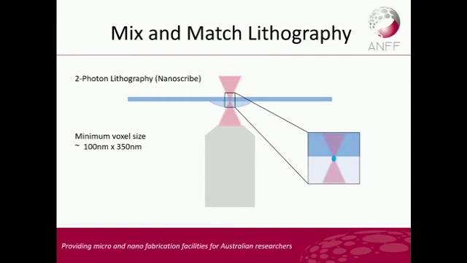So in effect, you have a small voxel that's UV, and then you can move that voxel around in 3D space, and you can write 3D structures into a pattern. You can write down to 100 nanometer minimum and write 3D structures.